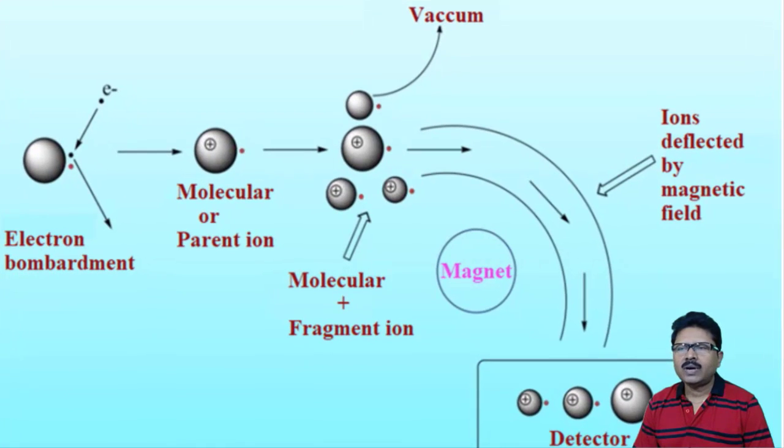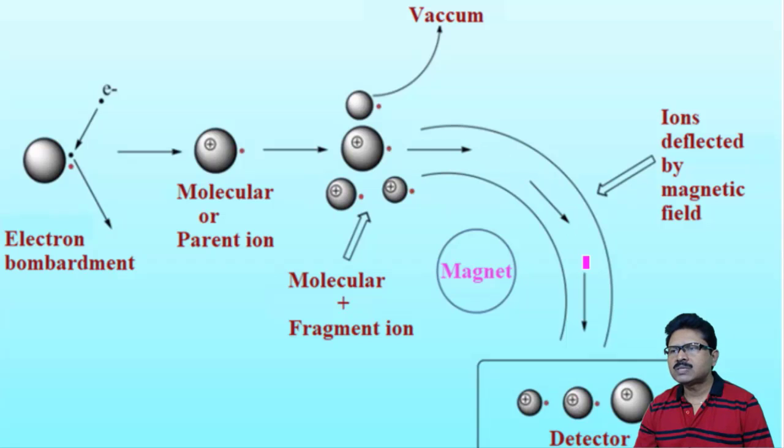Now simply, what is mass spectrometry? Here, in the first step, the electron strikes the molecules. This is the electron bombardment. Due to this electron bombardment, the parent ion and the fragment ions will be produced. The larger shape is the molecular ion and the smaller shapes indicate the fragment ions. All the ions are directed through a particular magnetic field.